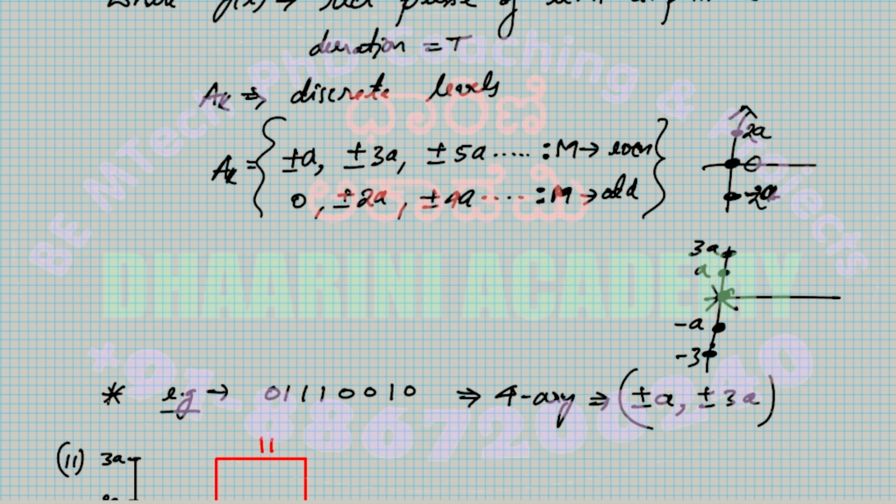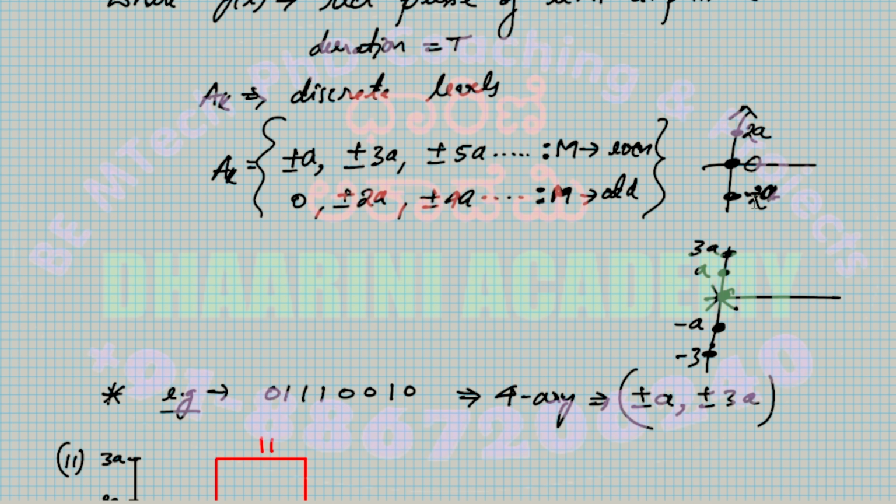I have given an example on the right side. Right now it is assumed that 0 is the central one. So with odd numbers, 0 will also be one of the levels: 0, plus 2a and minus 2a, considering M equal to 3, which is odd. So look at the second line of the a k equation. If M is equal to 5, there will be two more values at plus 4a and minus 4a, so totally there are 5.